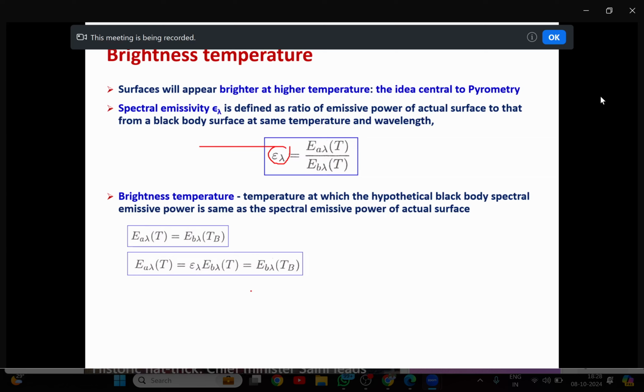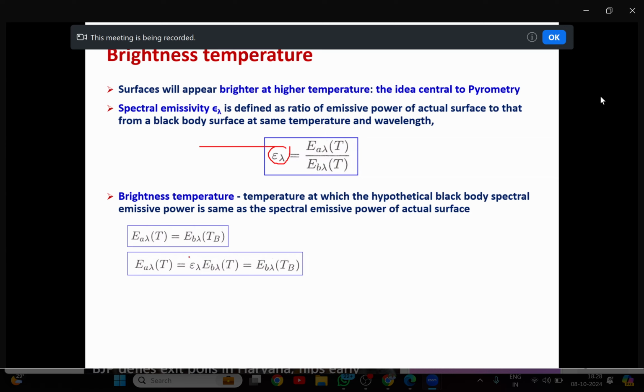You can see from here that epsilon lambda, the emissivity, has a value between 0 and 1, because the emissive power of the actual surface will always be less than EB lambda. In the extreme case, when the actual surface is a black body, it will become 1. And if it is very small, it will have a value close to 0. So spectral emissivity has a value between 0 and 1.